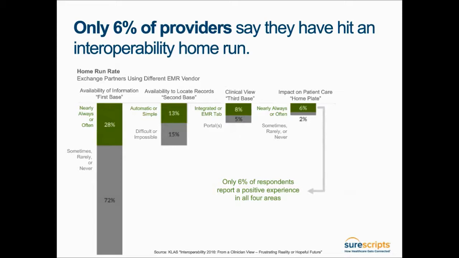But when polling providers, only 6% of the time are they indicating that the solutions they have available to them are helping them achieve this interoperability home run. So we're going to speak a little bit today about how Surescripts National Record Locator Service can help in this strategy, ultimately create a broader set of visibility for care providers and the patients they're caring for.